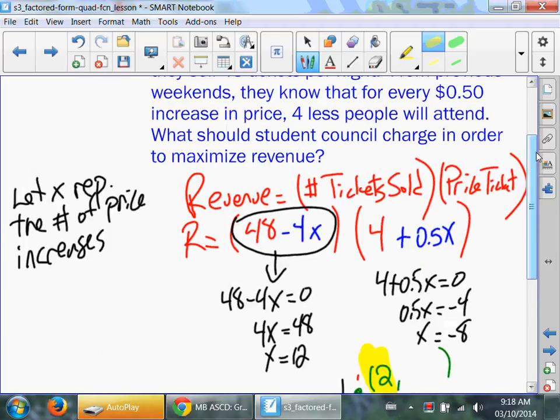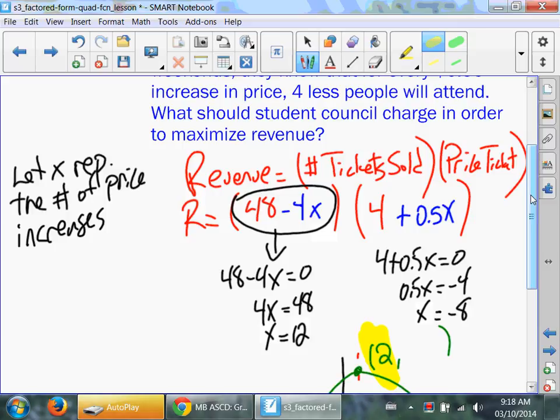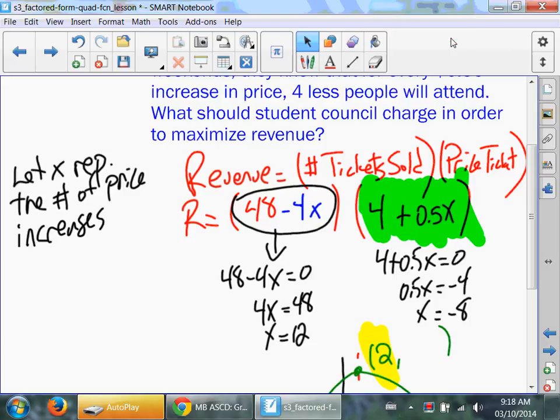So let's go back to our original expression here. In our original expression, this right here represents the price of a ticket: 4 plus 0.5x.